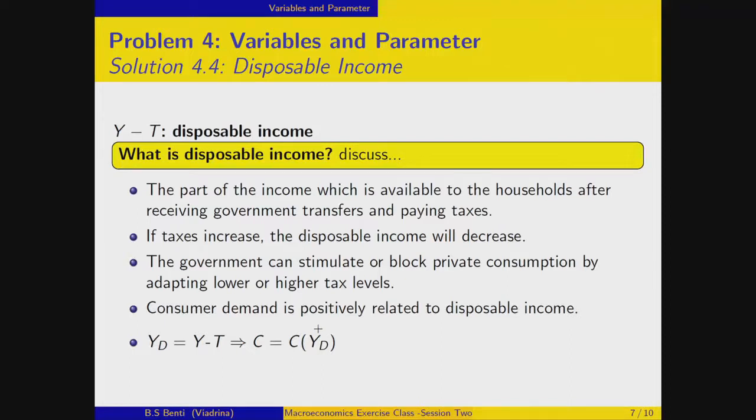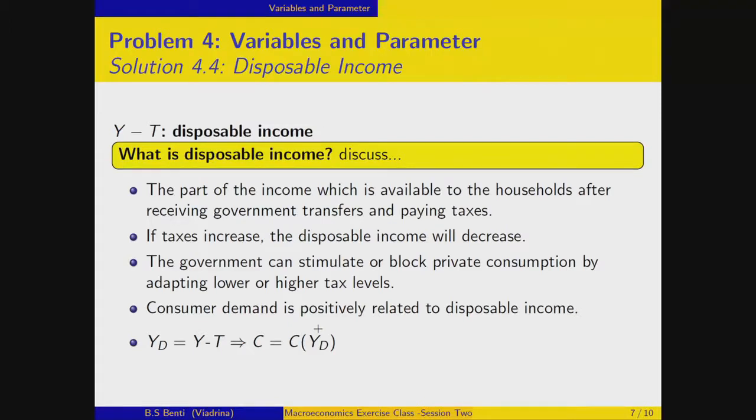The government usually uses taxes to stimulate the economy. If they want to increase consumption, they decrease taxes and motivate the households to consume more. Or if they want to block private consumption, they levy a higher tax, which would allow consumers to consume less.